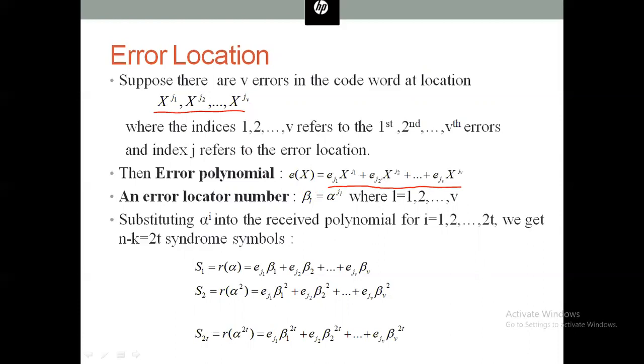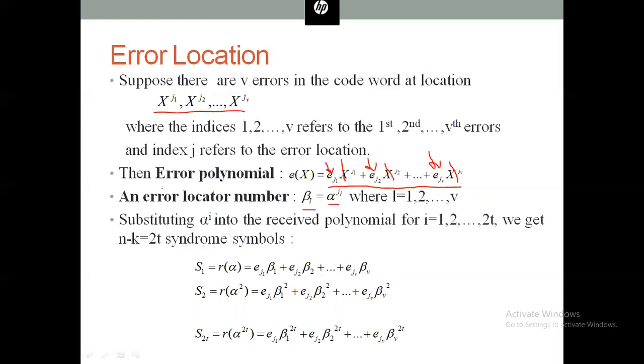This can be written in this form because this error is a non-zero value, and their locations are beta L. That location is beta L, and that can be represented in the form of alpha.